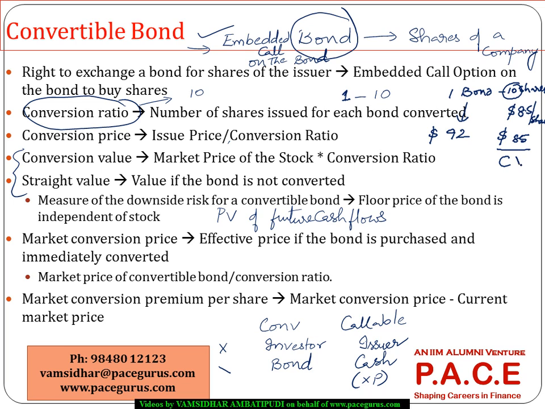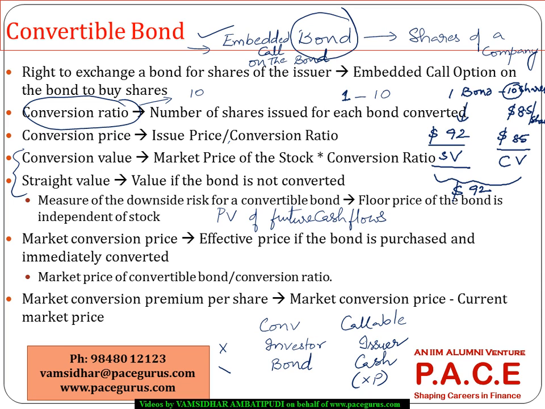This value is the conversion value, and the other is the straight value. If the bond is not converted, the value of it is 92. If the bond is converted as per the current share price, the conversion value is 85. So the minimum value at which this convertible bond should be trading is $92. This is how we can understand the minimum value of the sale price for a convertible bond.